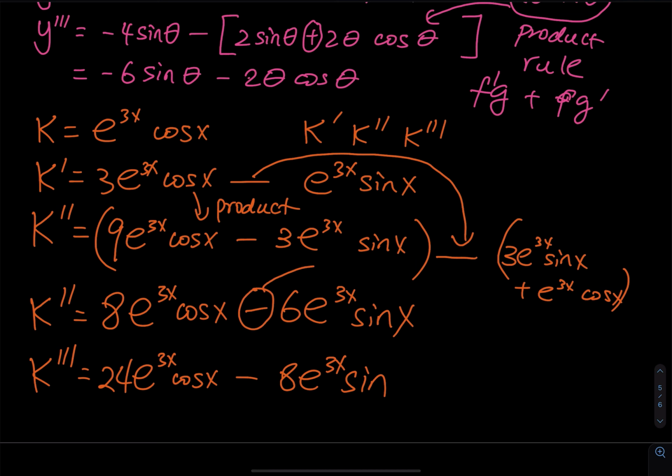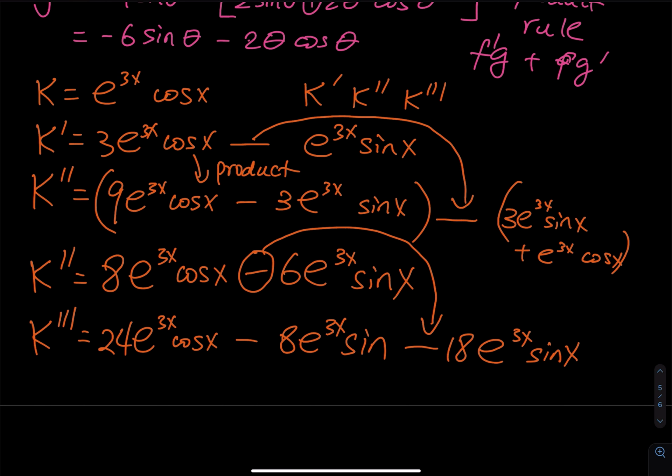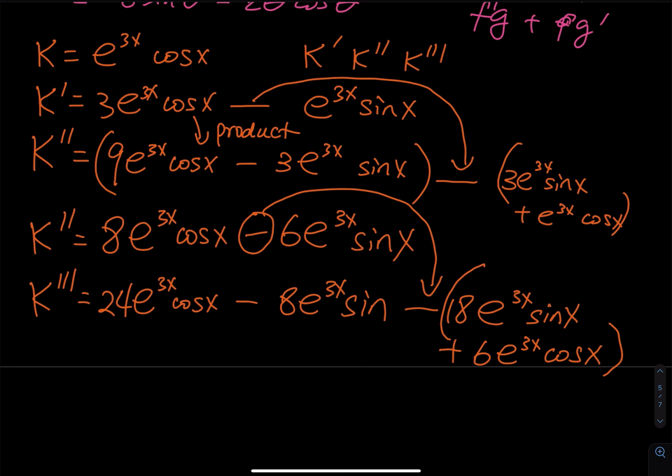And then this minus goes here. This minus goes here. And then you have e to the 3x, 6 times 3 is 18. The derivative, oh, we are not taking the derivative of sine. This is a sine x. And then you add 6e to the 3x and then a cosine x, right? So this is in one parenthesis. We are subtracting the entire product.